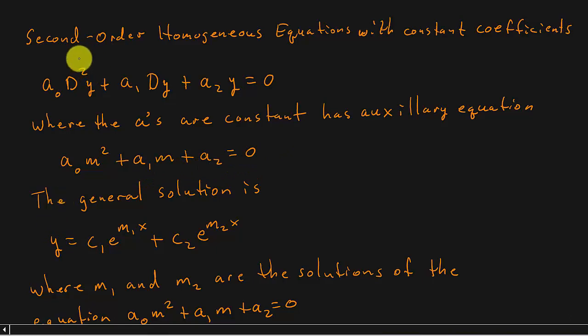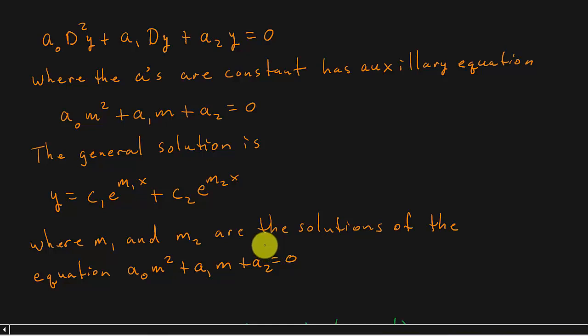So the second derivative is going to be the m squared, the first derivative m, and this y here is going to be your constant. The general solution of this differential equation is y equals c1 e to the m1 x plus c2 e to the m2 x, where m1 and m2 are the solutions of this auxiliary equation.